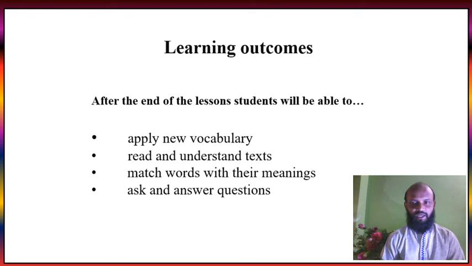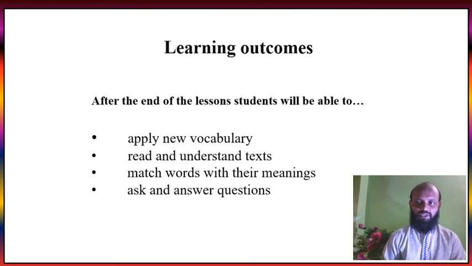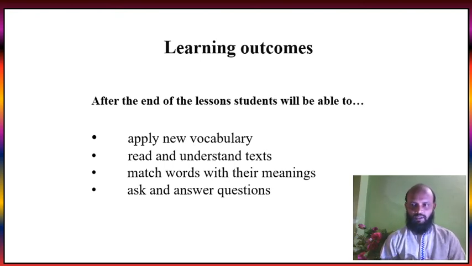There is a matching activity, and you'll be able to ask and answer questions. If you understand the text properly, you can answer any type of questions from this reading passage. So let's hope for the best.